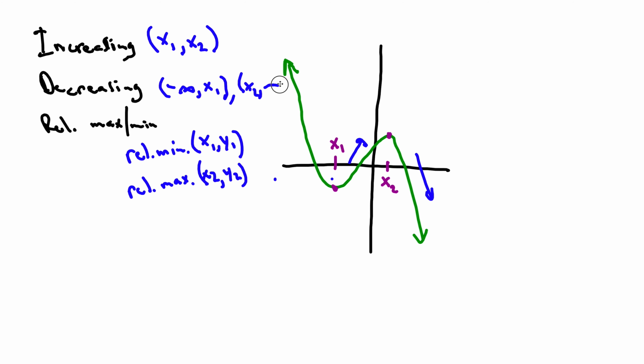It'd be positive infinity. You don't need to write positive, you could, but it'd just be infinity. Let me clean that up so it looks a little bit better. So it would be x sub 2, comma, infinity, just like that.